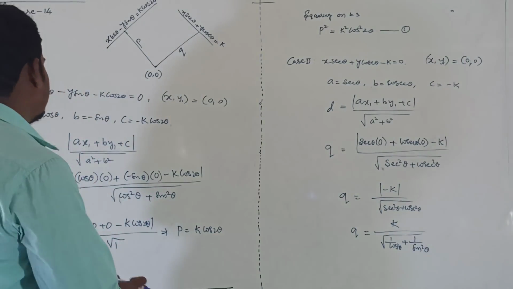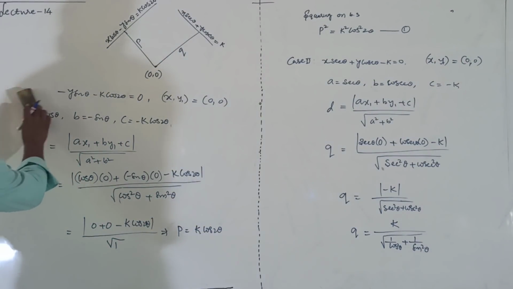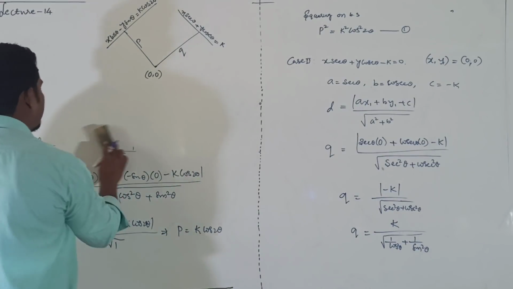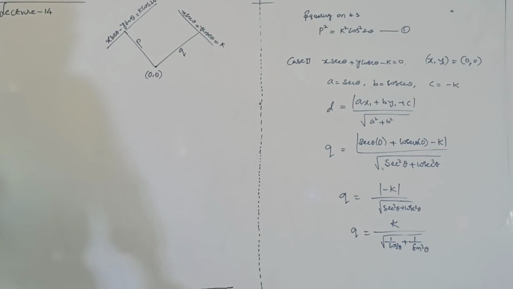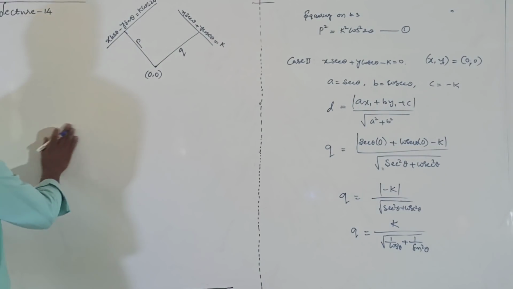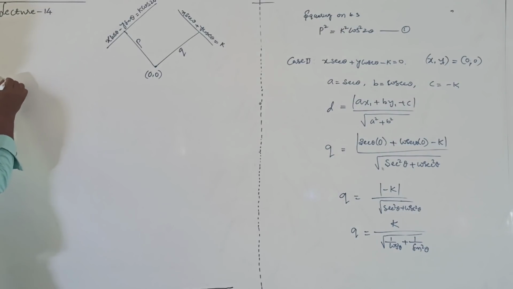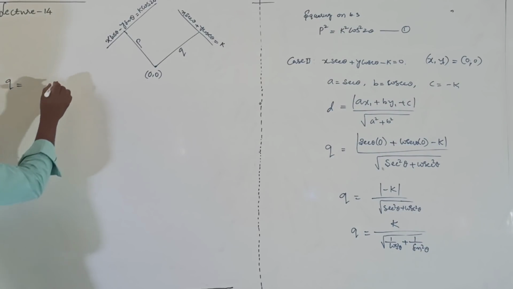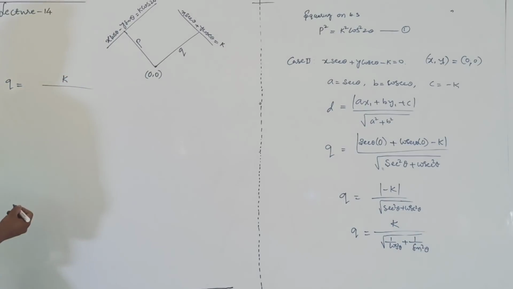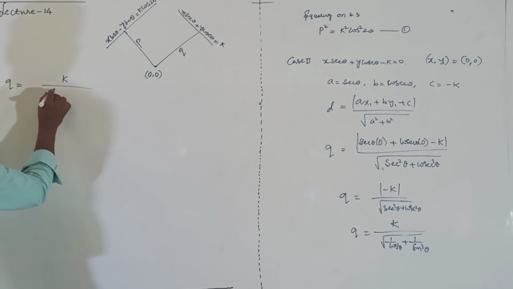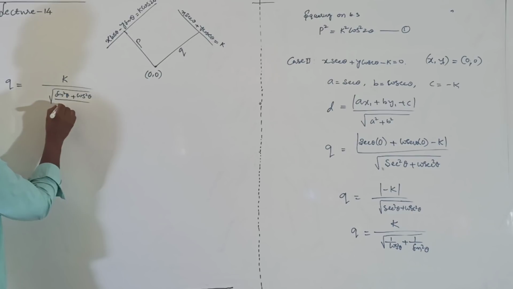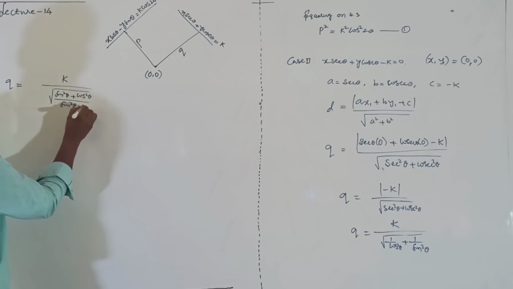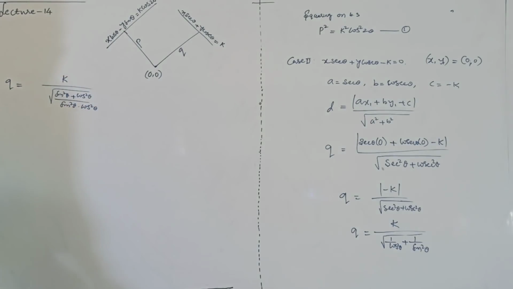After that, taking LCM, then Q is equal to K divided by, taking LCM, it becomes square root of sin square theta plus cos square theta divided by sin square theta into cos square theta on taking LCM.